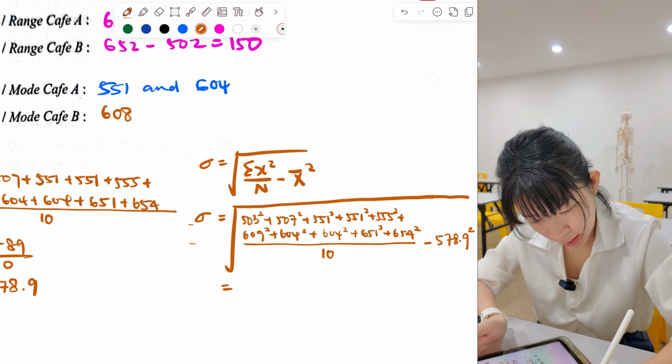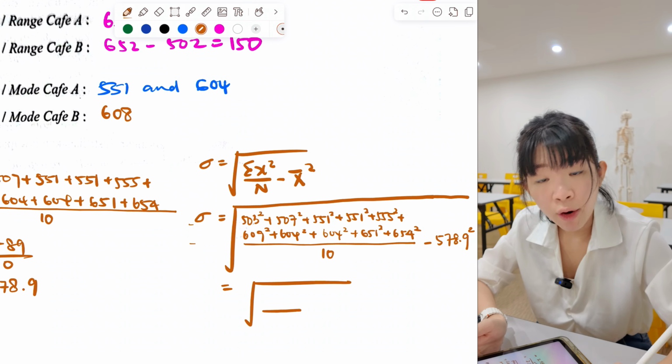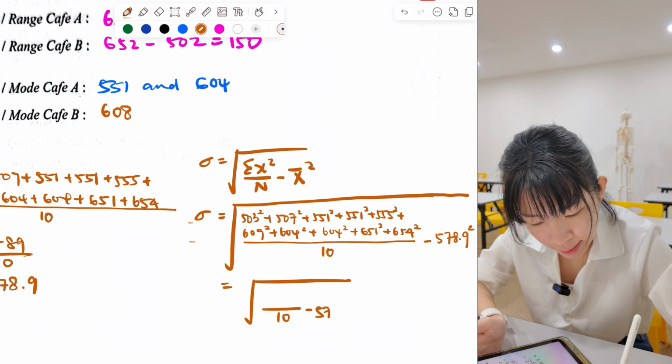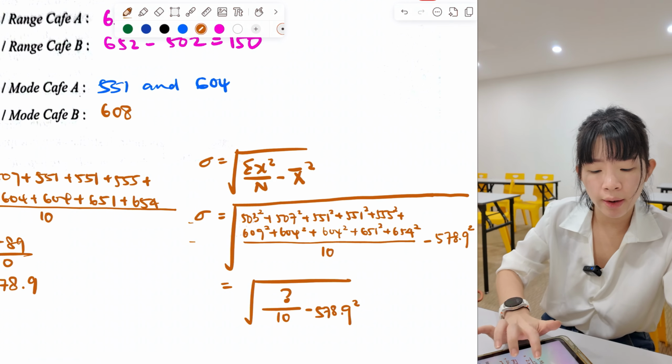So key in the calculator. Now you can find the sum of x squared first. Don't be too greedy pressing everything together, then later got mistake. So find the sum of x squared. How much?